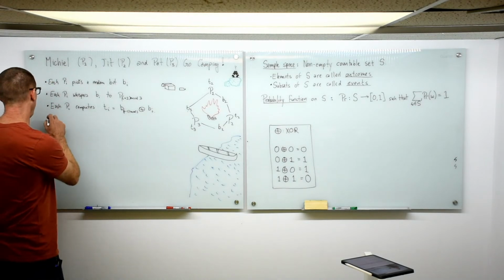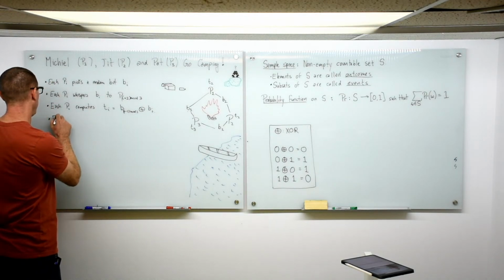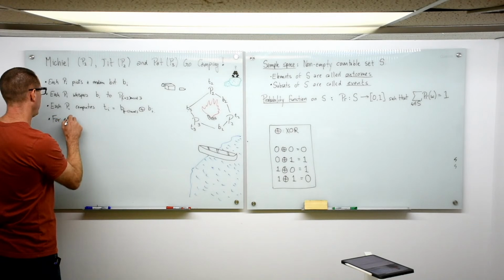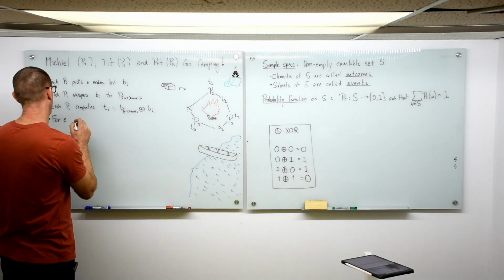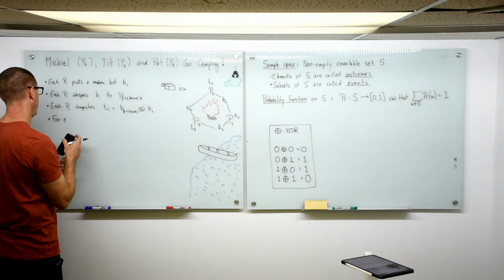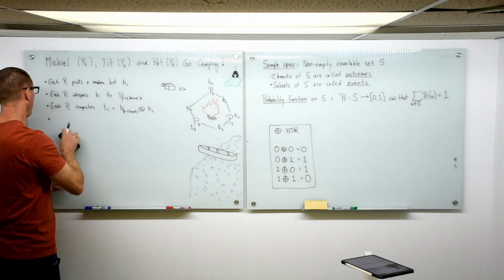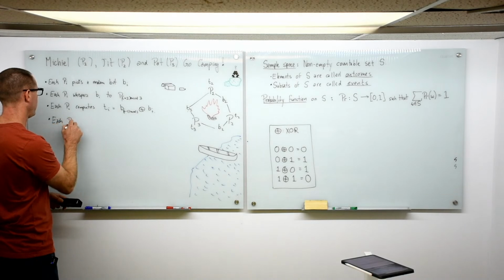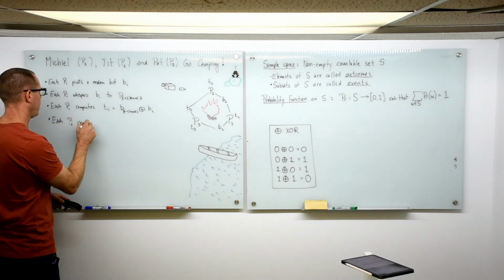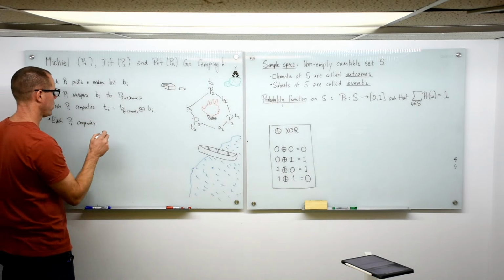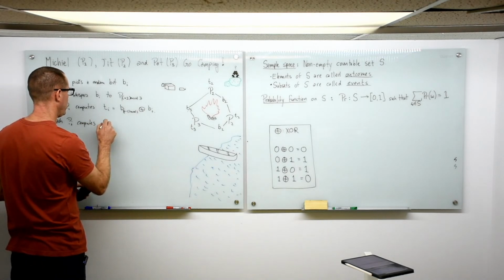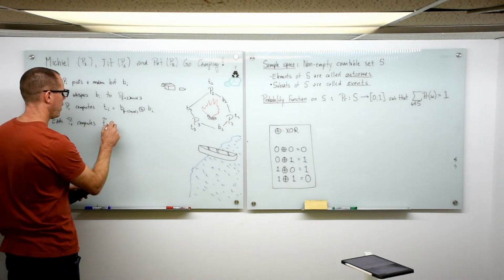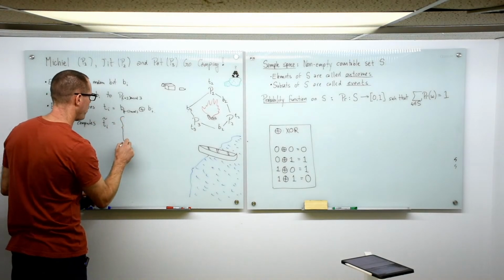Now we compute a new bit. Each Pi computes, we'll call it Ti tilde, which is one of two things.